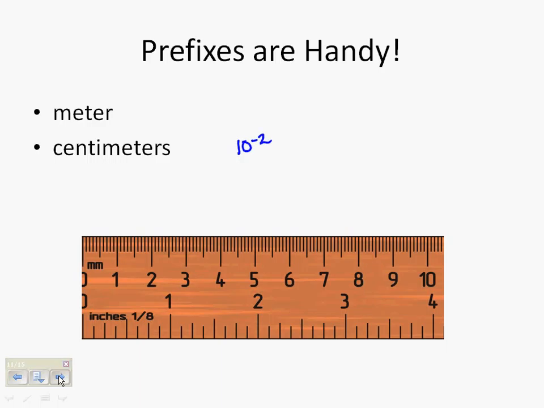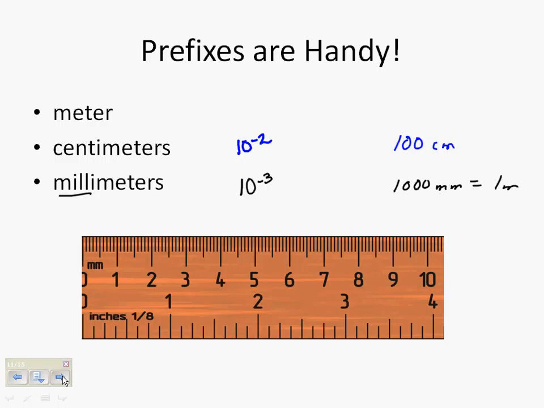If we have millimeters, milli means a thousandth, or 10 to the minus 3. You probably know it as, gee, there's 1,000 millimeters in 1 meter. Or you might say, oh, there's 100 centimeters in 1 meter. We'll be looking at these more closely.